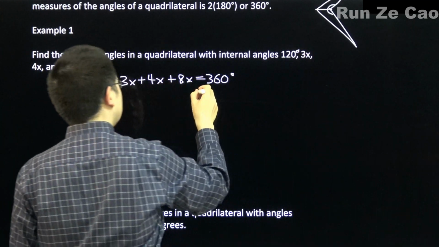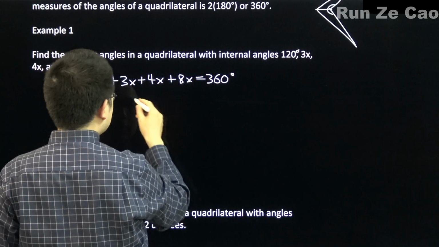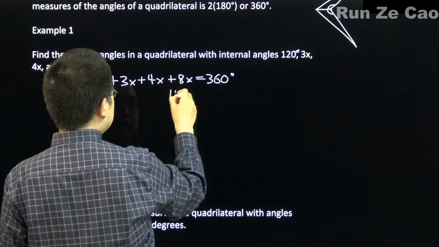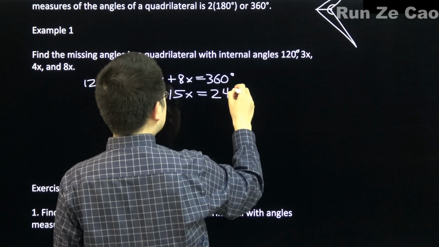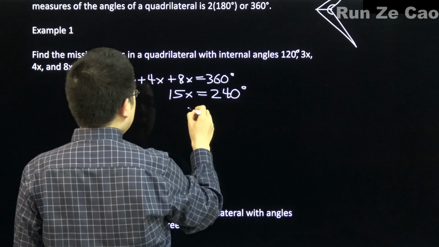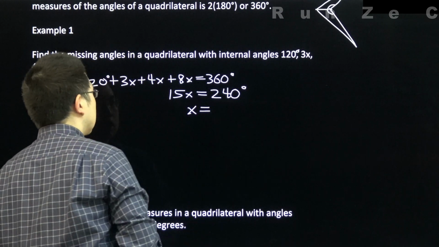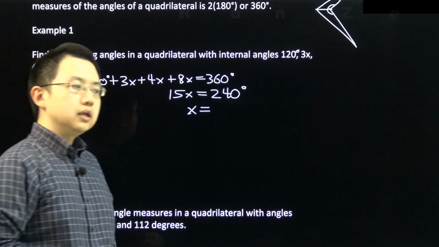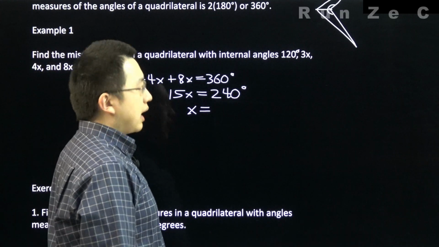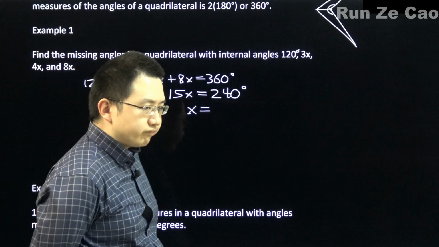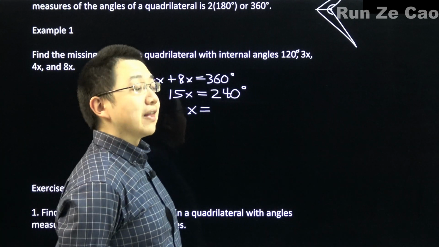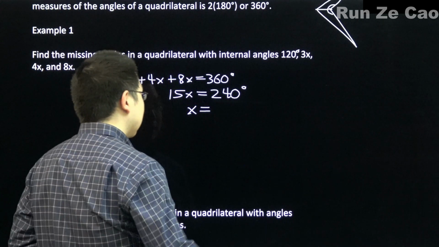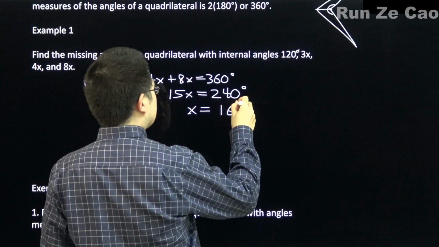Also up here, I guess. So, that means we end up with 15x equals 240 degrees. x is equal to, well, what happens when you divide this by 5? We end up with 48. And then we divide that by 3, and we get 16 degrees.